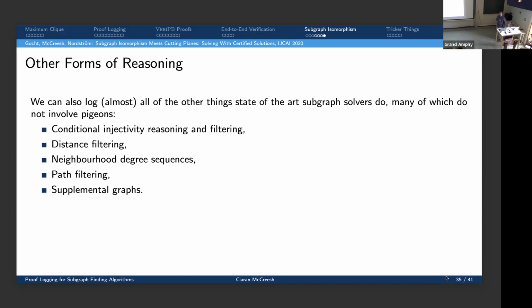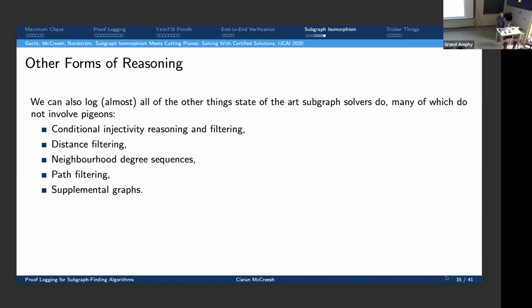We do distance filtering, so if a pair of vertices are distance 3 in the pattern graph, they can't be mapped to a pair of vertices at distance 4 or more in the target graph. We don't just look at the degree of vertices, we look at the degree of vertices' neighbors. So this is pigeons with inside pigeons. We do path filtering, we do supplemental graphs.